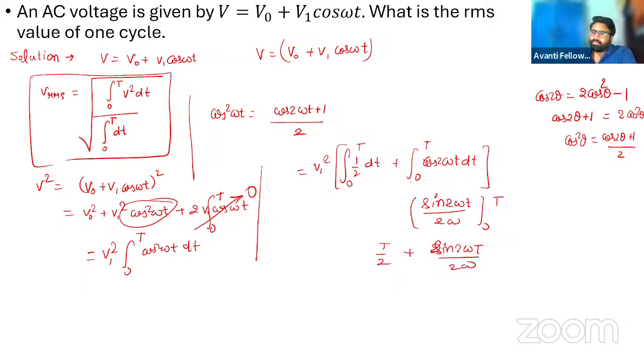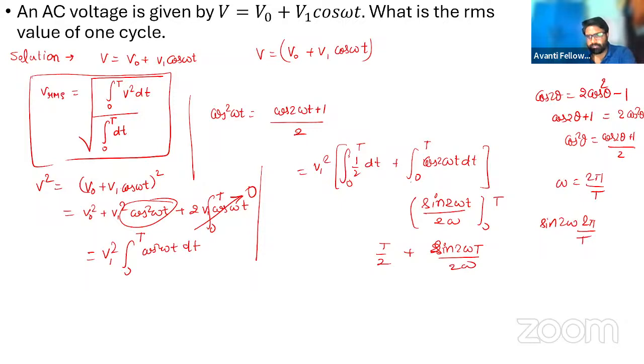Now you can put the value of T in terms of omega or omega in terms of T, whatever you want. If you put omega equal to 2 pi by capital T, this will become sin 2 omega T, 2 pi by capital T.